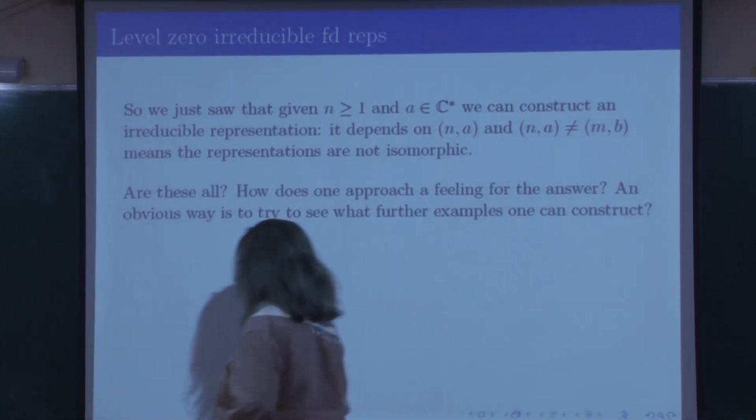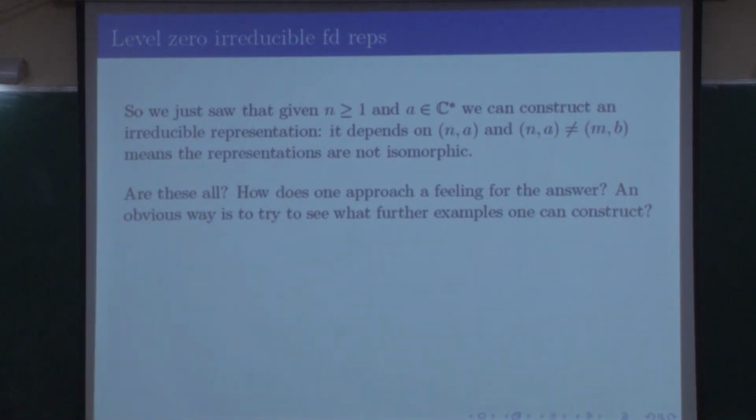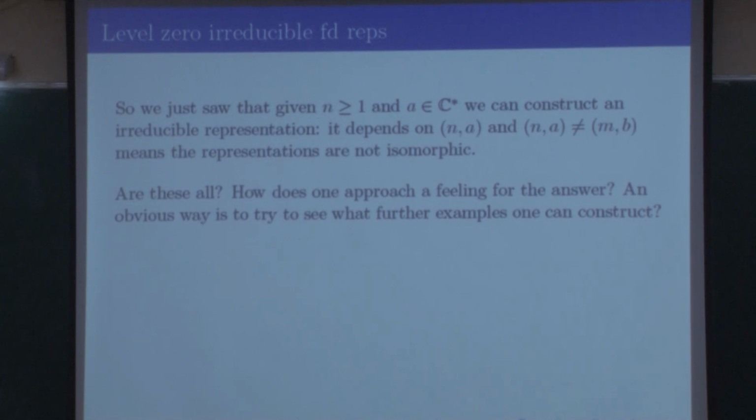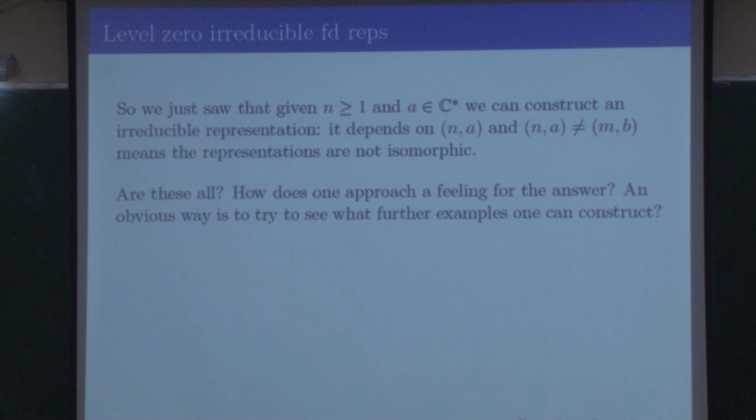Before you start trying to prove that these are all the representations, you need to know whether this fact is remotely likely to be true, right? So what is the standard way to construct new representations from old ones? You just take tensor products and see if they give you anything new, right? That's what you always do for groups, and you do the same thing here.